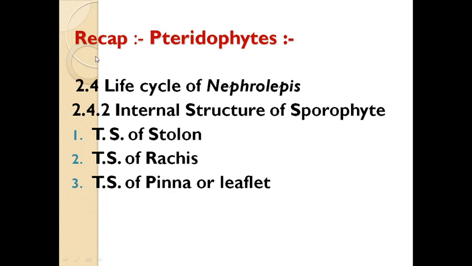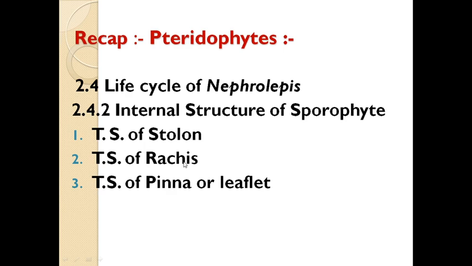So the recap. In the previous lecture, students, we already saw the internal structure of the sporophyte, that means the anatomical part. We already saw the TS of stolon, then TS of rachis and TS of pinna or leaflet. The TS of stolon shows the protostele.